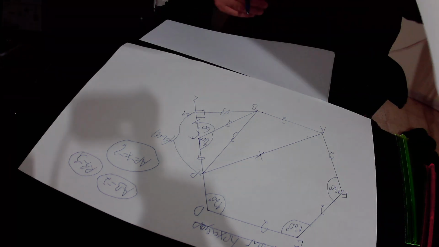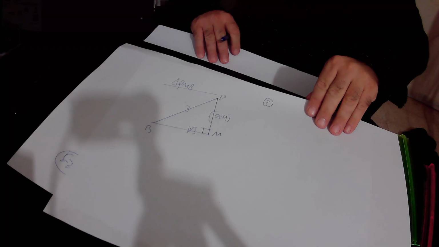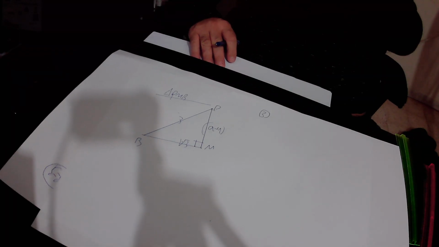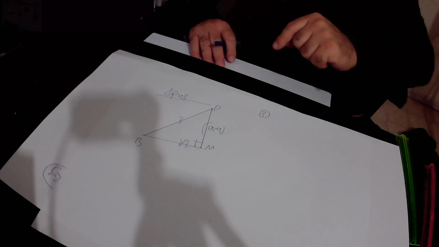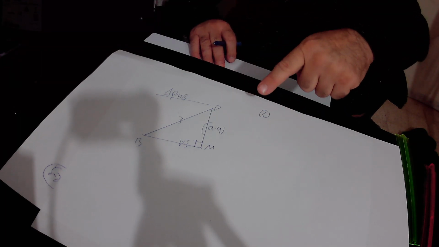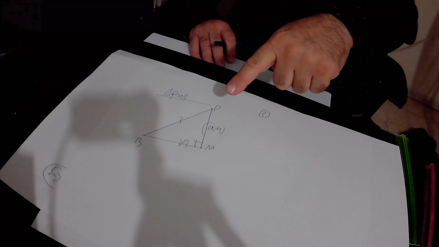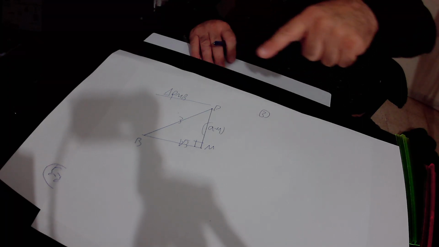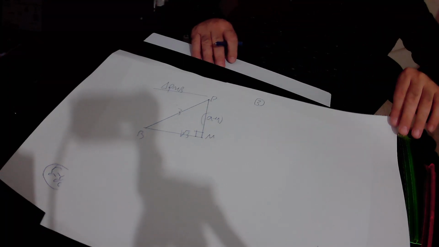This is the right triangle PMB that I copied from the original drawing. Side PM equals A plus 1, side BM equals the square root of 3 units, and the hypotenuse PB equals 3 units according to what is given in the question.